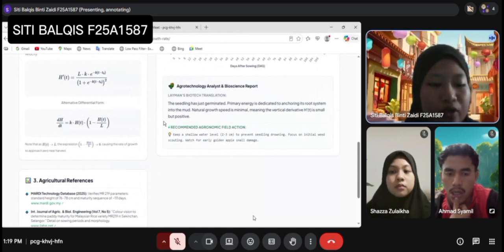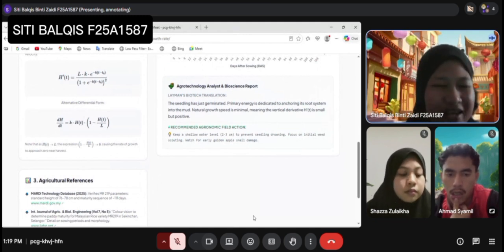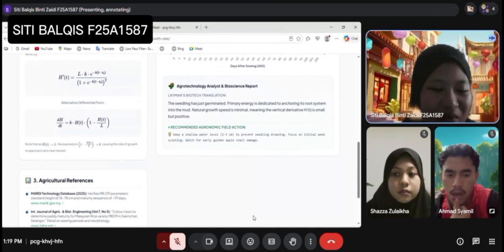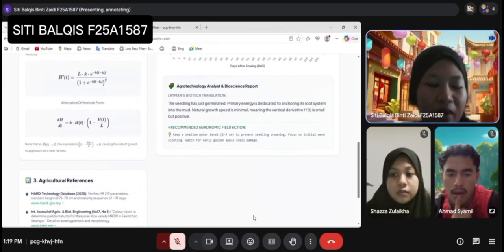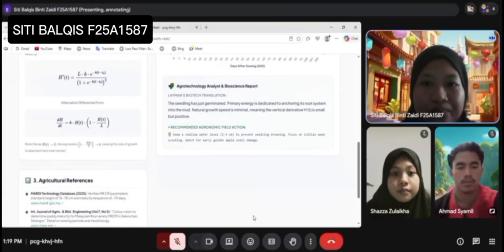The website could also include an animation showing the growth stages of MR219 rice to make the learning experience more interactive. That's all for me.